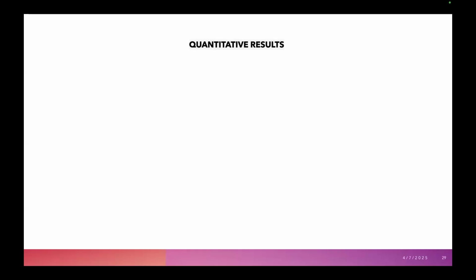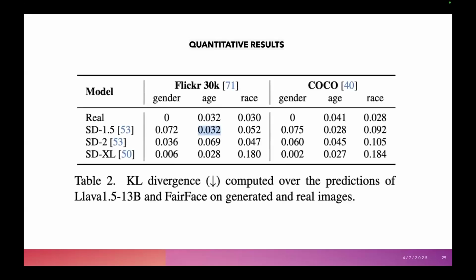After running the VQA models on both the generated and the real images, the study compared how those models' predictions align with Fairface. Fairface is a classifier that has been trained to recognize social attributes such as age, gender, and race. So Fairface was used as the ground truth for evaluating the bias in the models.